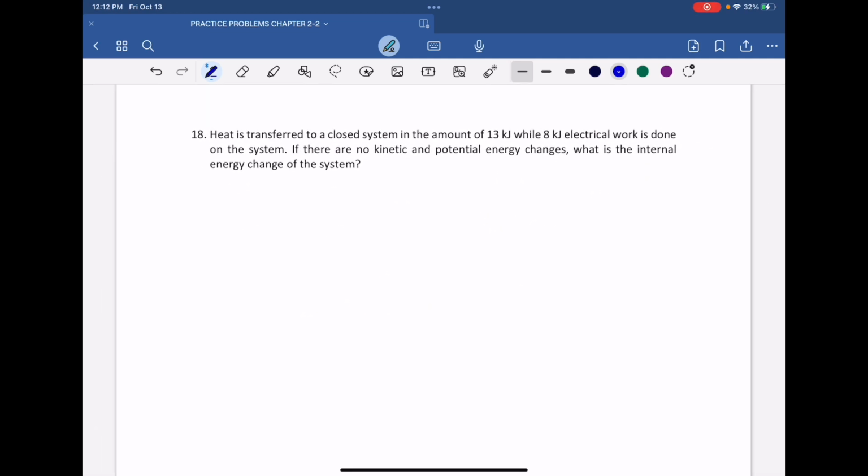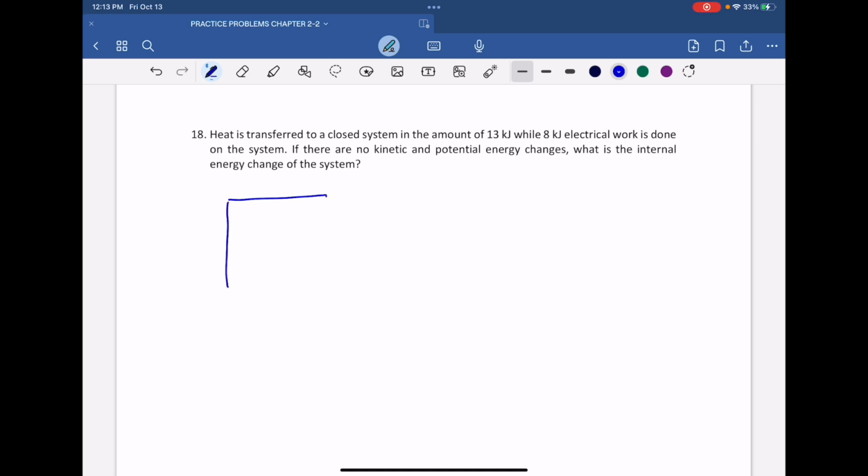Okay, heat is transferred to a closed system in the amount of 13 kilojoules, while 8 kilojoules of electric work is done on the system. There are no kinetic and potential energy changes. What is the internal energy change of the system? Again, we start with writing our energy balance.